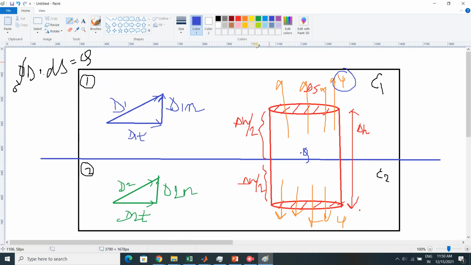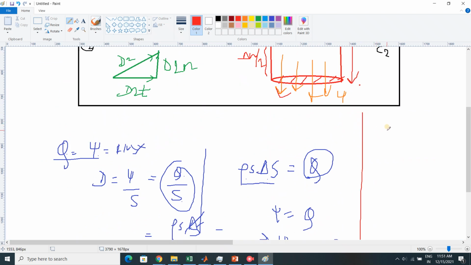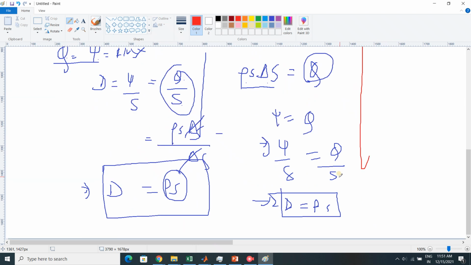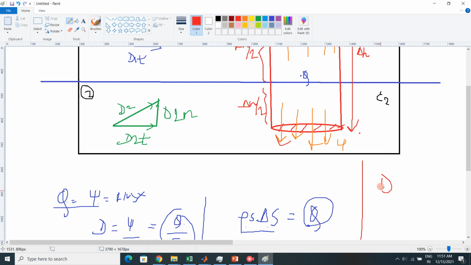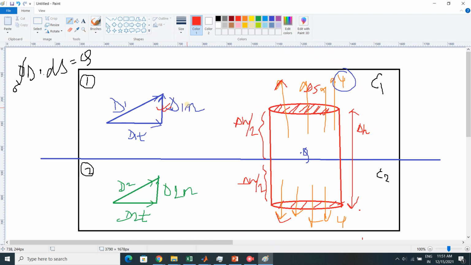Now the fluxes which are coming out, they are coming out from the top and bottom. This is to be noted. No fluxes are coming out from this side. So if the fluxes are coming out from the bottom, then which flux density will we consider? We will consider the normal component. The fluxes coming out from the top are because of the flux density D1N. So in this equation, D equals rho s, D means the total flux density.